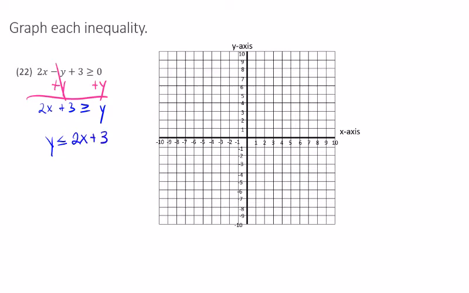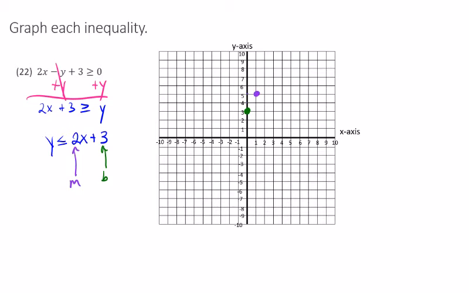Okay, and so now it's the same thing. We identify the slope and the y-intercept. The y-intercept is 3, so we can plot the 3. And the slope is 2, so I can go positive 2. I can go up 2, 1, 2, and over 1.